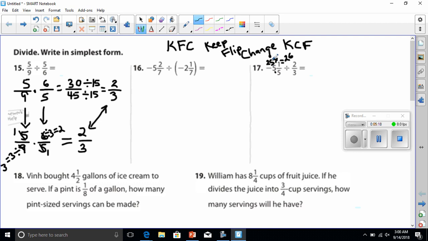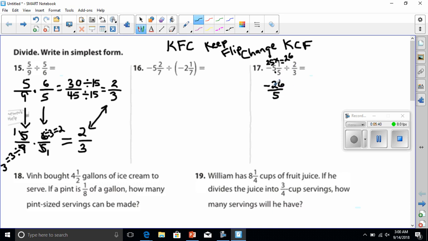So 5 times 5 is 25, plus 1 will give us 26. Okay? So this turns into negative, because we have a negative sign in front, negative 26 over 5.